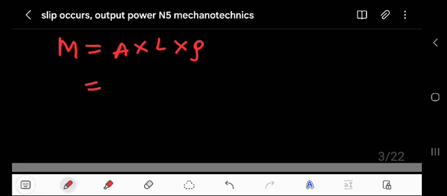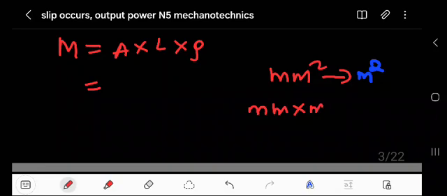But take note, you are given millimeter squared. You must know your convention: area is measured in meter squared, so you're supposed to convert. Millimeter squared is the same as millimeter multiplied by millimeter.